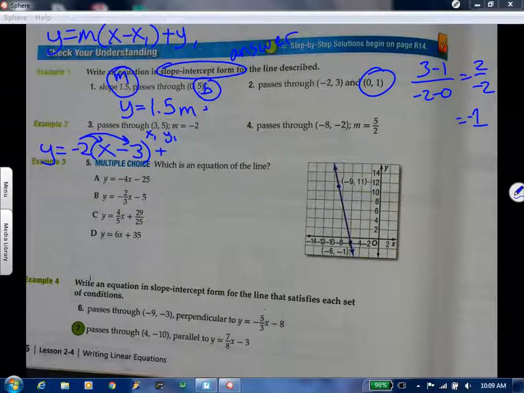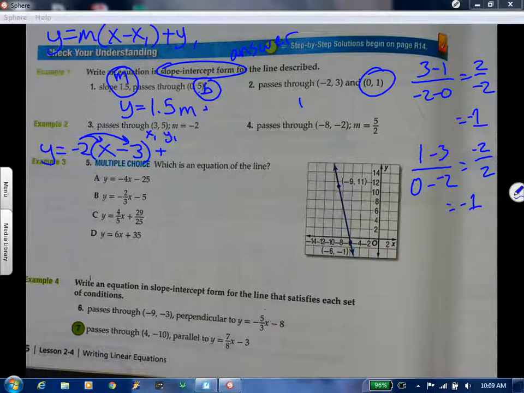That'd be negative 2 over positive 2, so you still get the negative 1. So your slope should be negative 1. So then your answer would be y equals negative 1x plus 1. You can go straight to your answer because you know your y-intercept. If you did point-slope form with the negative 1, you should still get the same answer.